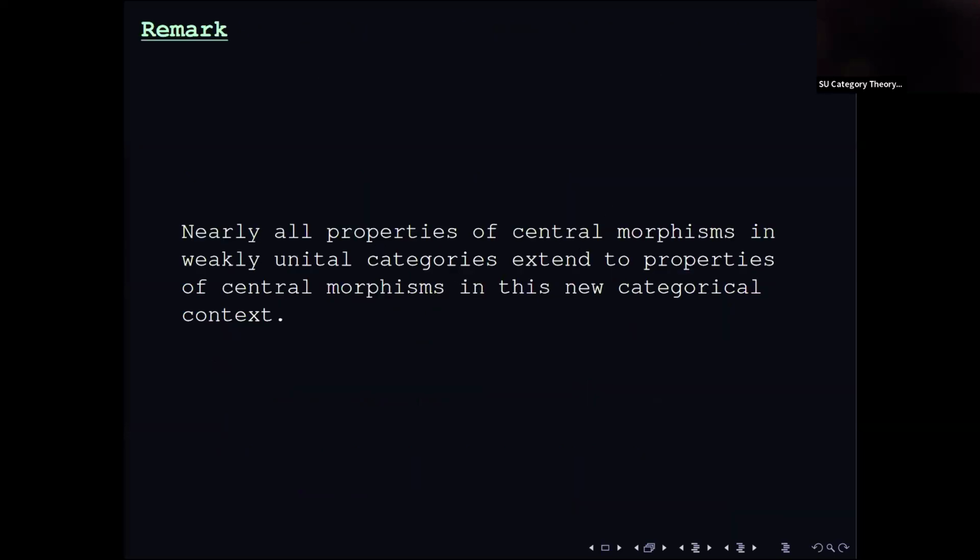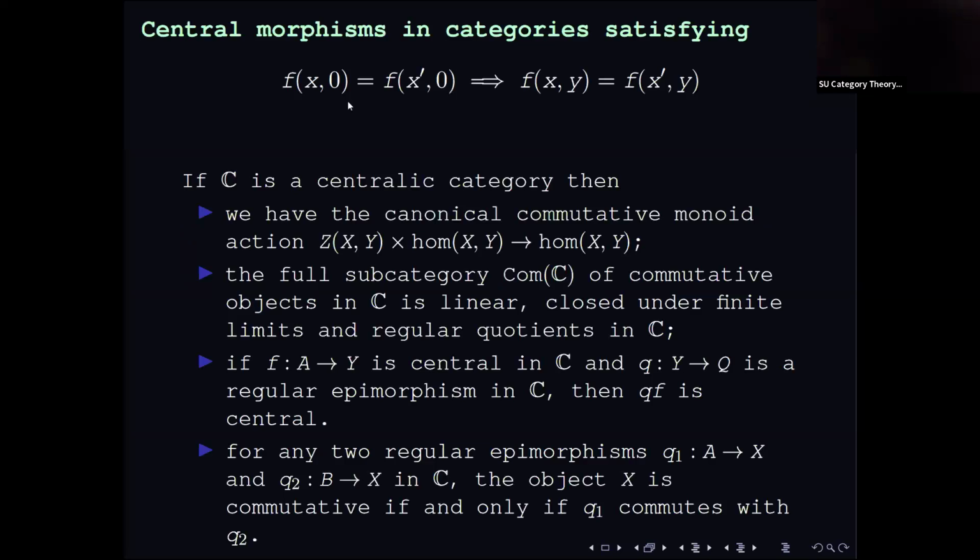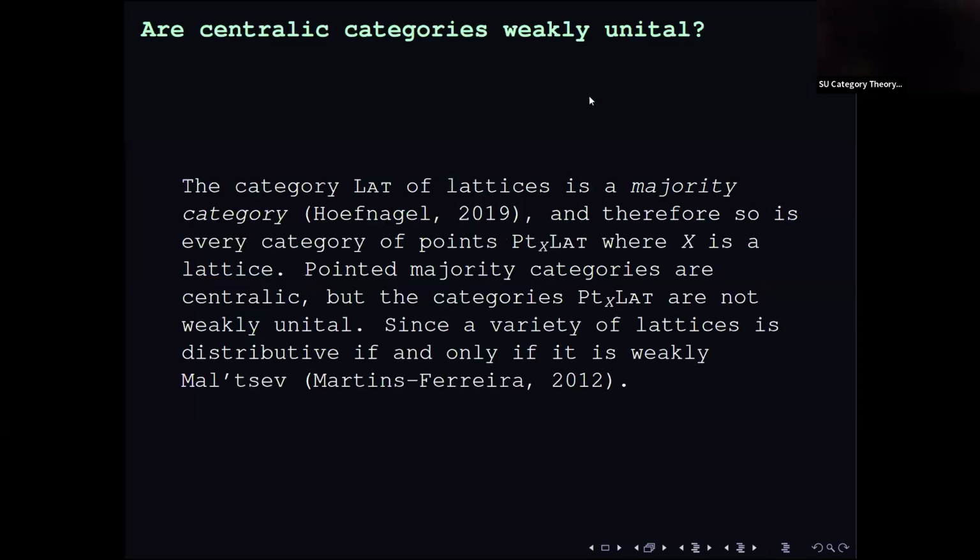So what I've just remarked is that nearly all properties that you could mention about central morphisms generalize, at least that I found, to this context of simply a category satisfying this condition. Okay, so just one quick remark, and that is that these two notions are separate.